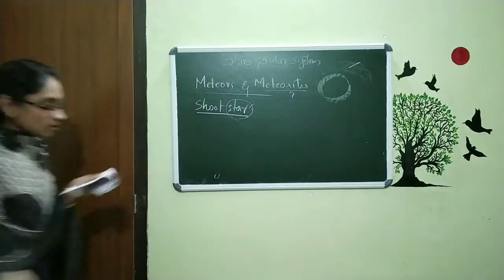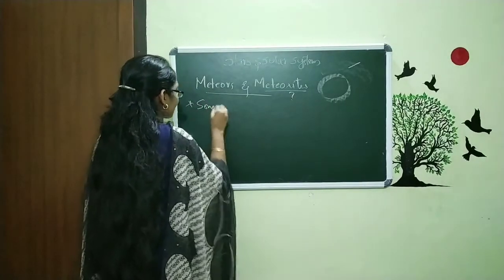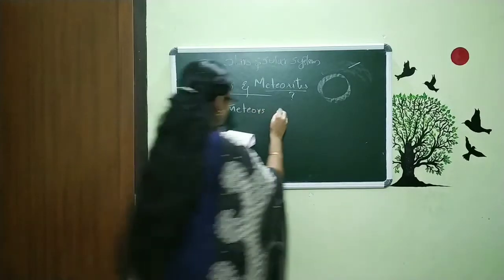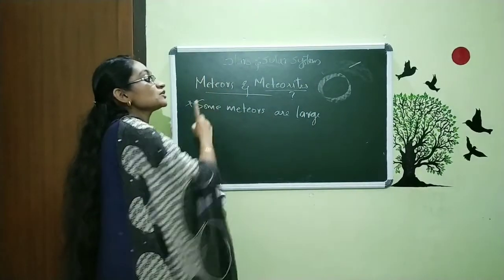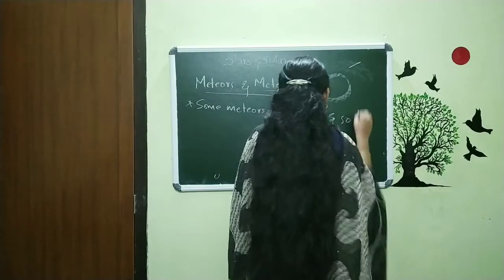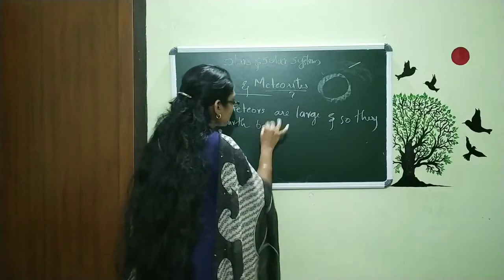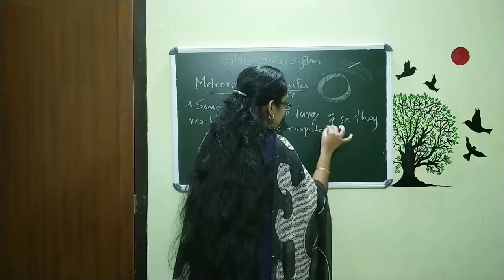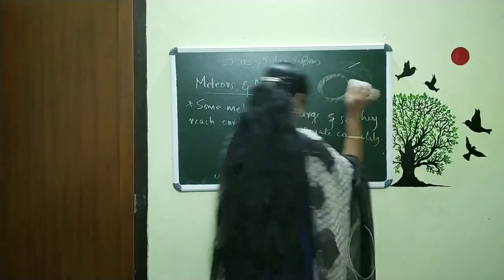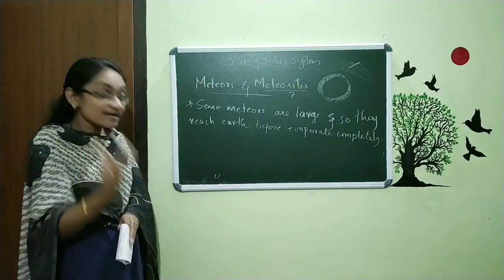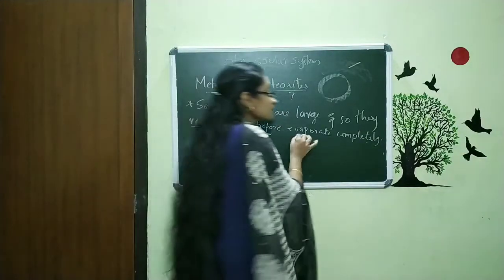What is this? Some meteors are large. We said that these are small objects, but some meteors are large in size, and because of that they reach the Earth before evaporating completely.